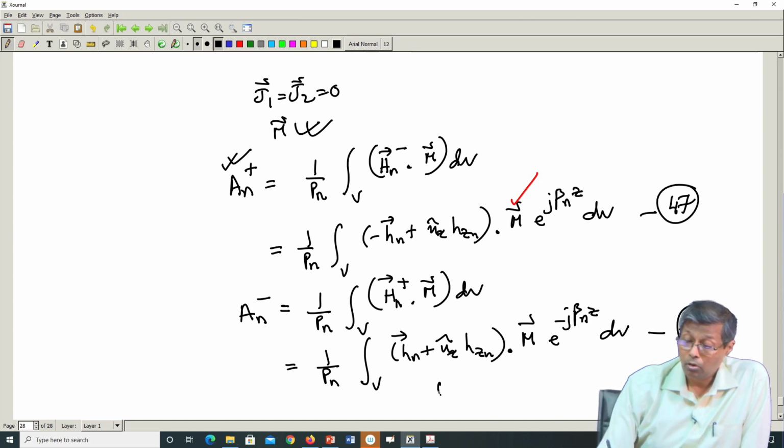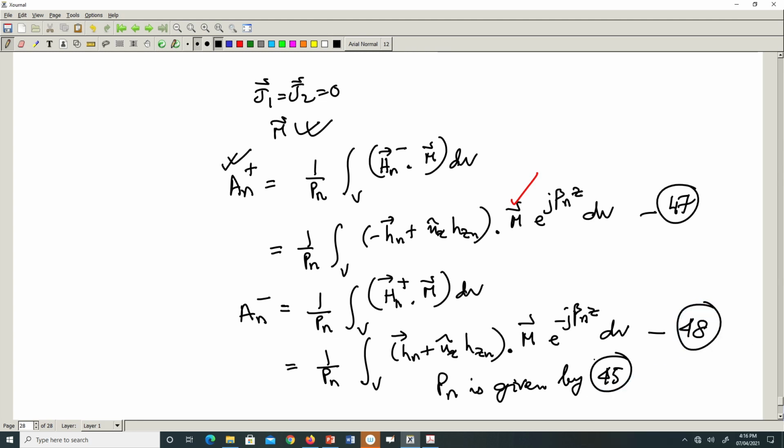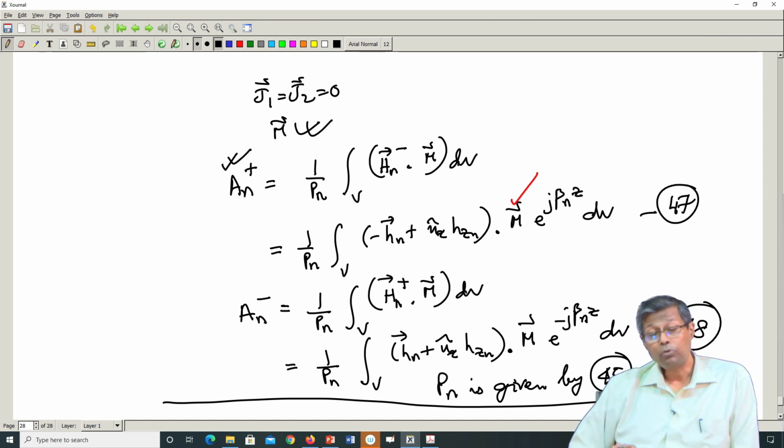So, P n in all this is given by 45. Okay. So, this completes the expressions for the forward going wave amplitude radiated by the magnetic current source and the reverse going wave amplitudes radiated by the magnetic current source placed inside the waveguide.